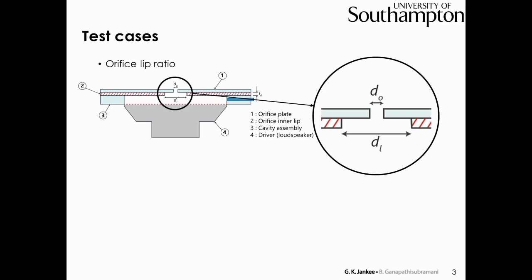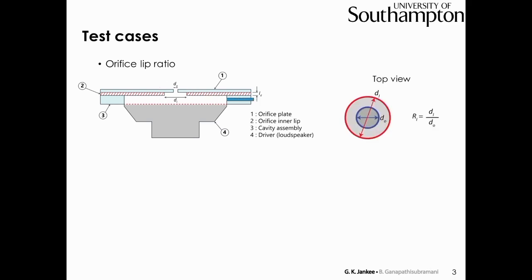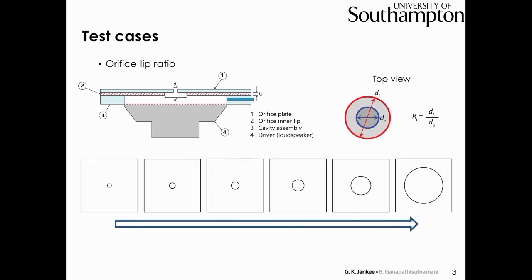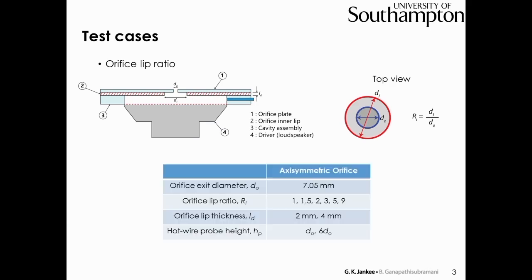We vary the diameter of the inner lip, and we define the ratio as the ratio of the diameter of the inner lip to the diameter of the orifice exit. So we end up with different test cases ranging from a lip ratio of 1, where the inner lip diameter and the orifice exit diameter are the same, up to a lip ratio of 9.